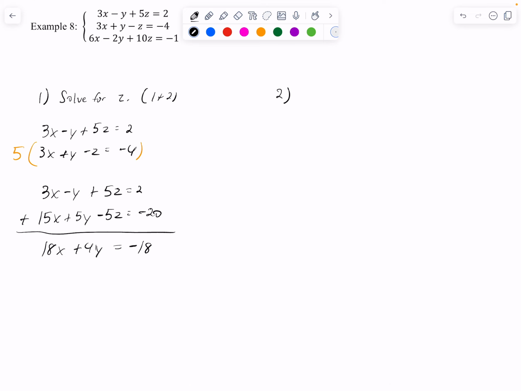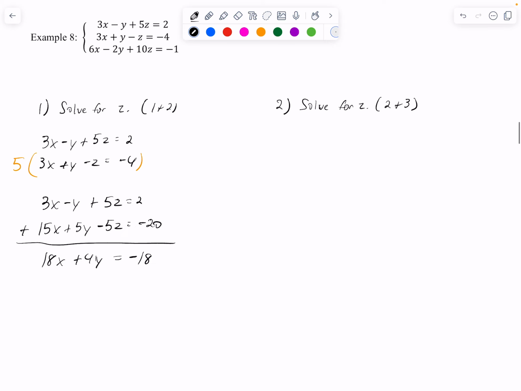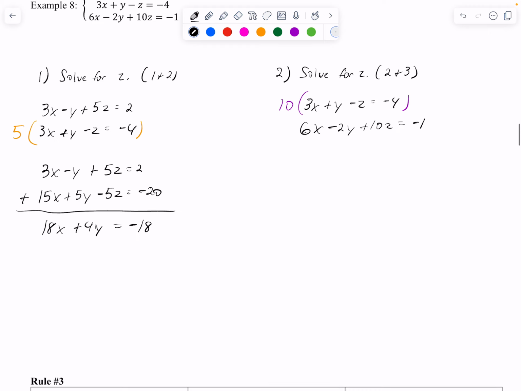Let's go to the second one. Solve for z again, but this time with the second and third equations. So 3x plus y minus z equals negative 4. Copy down my third equation. I'm going to multiply the first equation by 10. That will allow me to eliminate with addition.